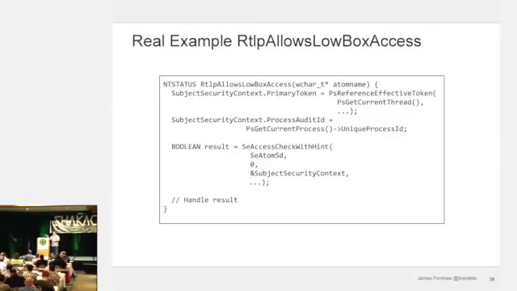Effectively, it's checking whether you're allowed to read an atom or delete an atom, which is a special structure in Win32. It references the effective token, but never checks that the impersonation level is a certain value. It then just assigns that value to the primary token of a crafted subject context and calls SeAccessCheck.